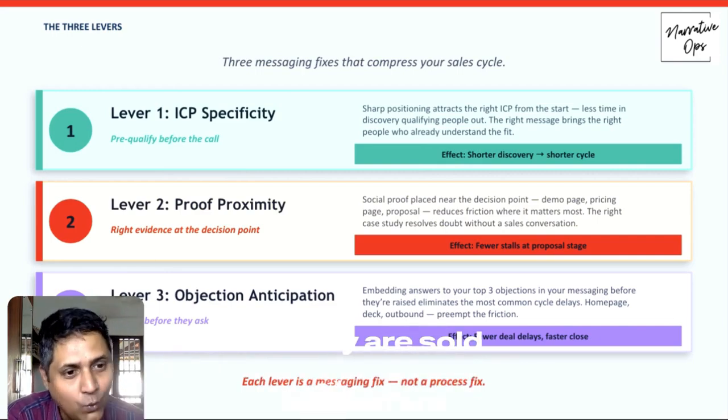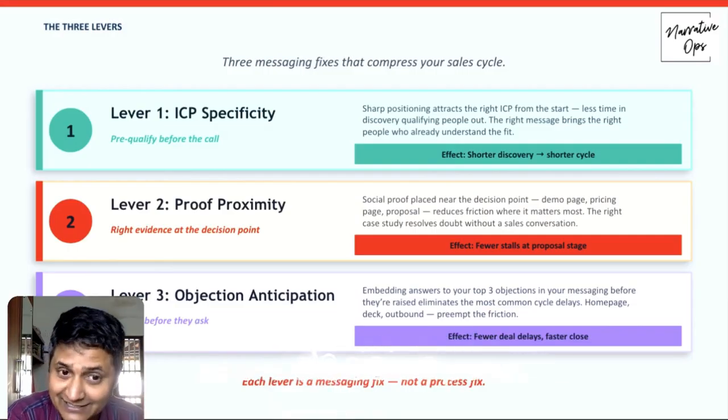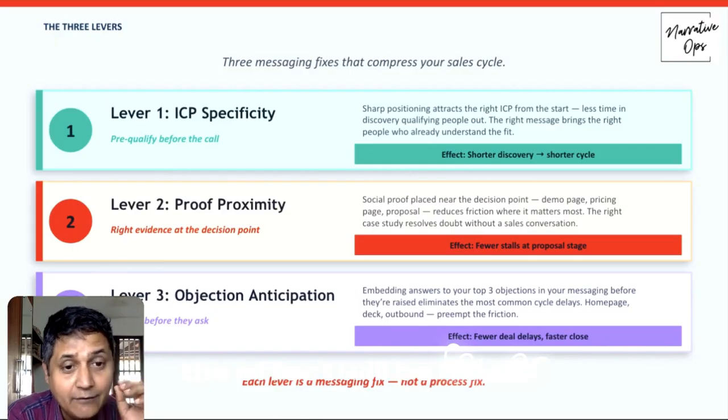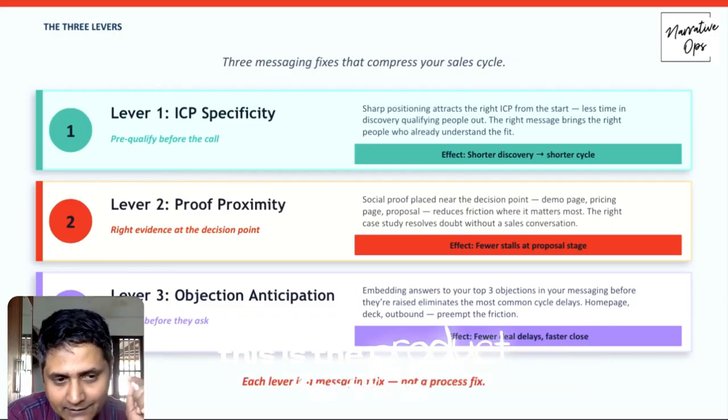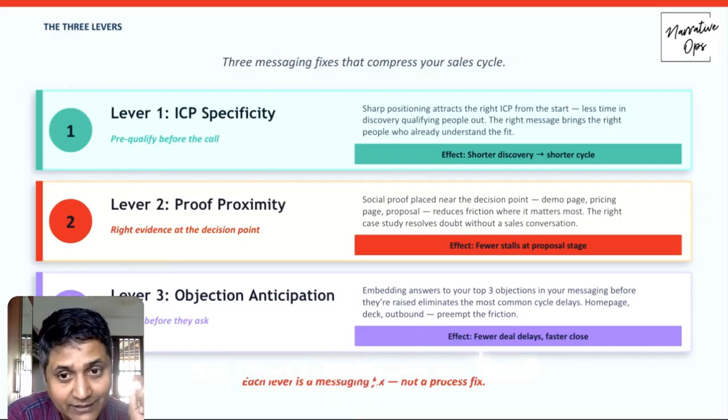So they are sold well before your sales call even happens. With the right evidence at the decision point, the effect will be fewer stalls at the proposal stage. They are waiting for your proposal to move ahead because they are convinced at the right time that this is the product for them. That's why level 2, proof proximity, is really critical.